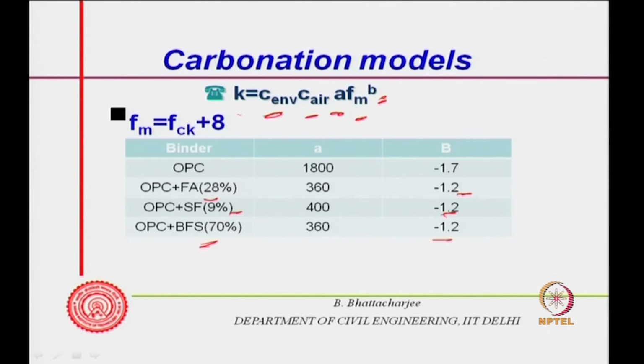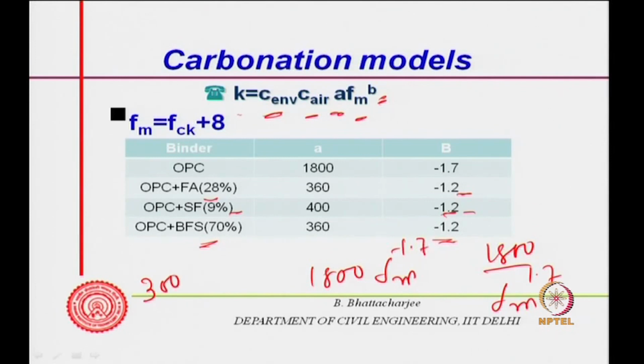So, these are the practical blends which one would use, and the suggested empirical values are minus 1.2, etc. If you calculate this, 1800 divided by Fm to the power 1.7, you will find this K value comes out low compared to 300 divided by Fm to the power 1.2.